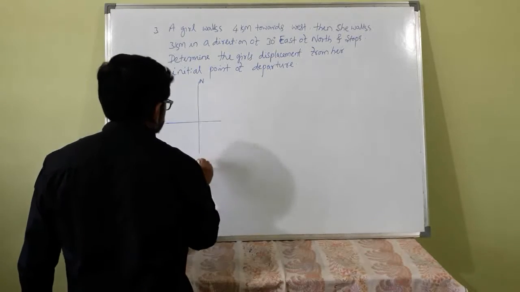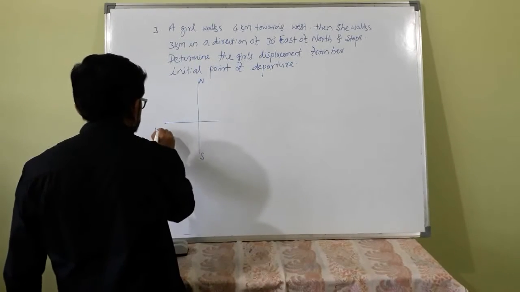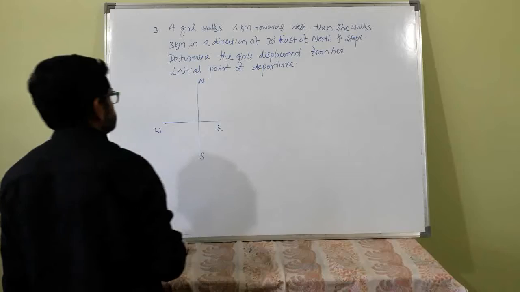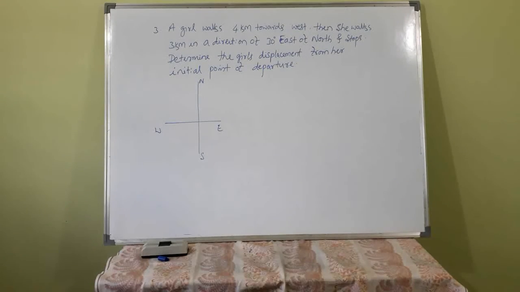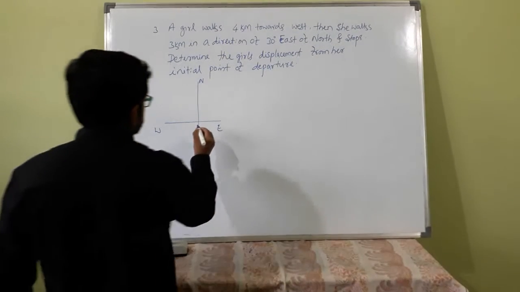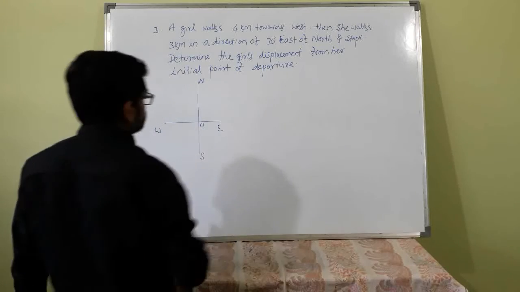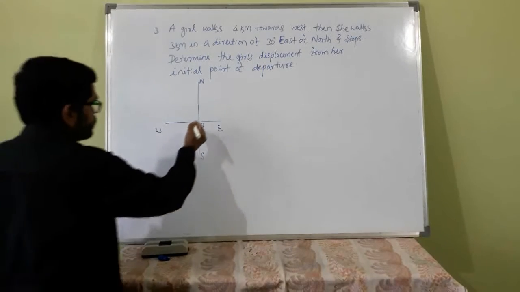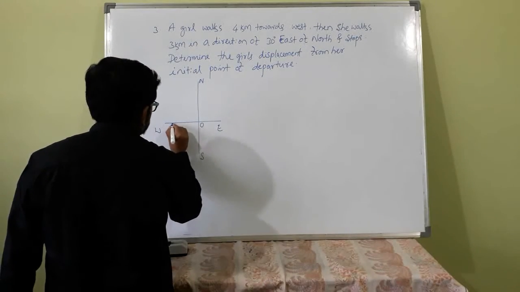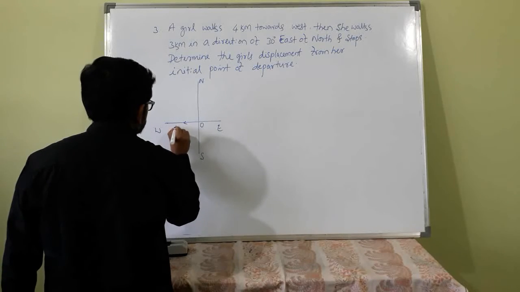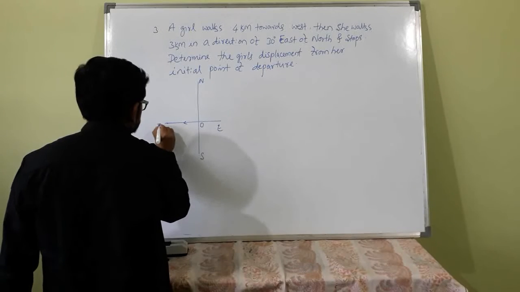This is north, south, west and east. Okay, suppose this is the initial point O. She starts from O and she moves in this direction, say some 4 km.